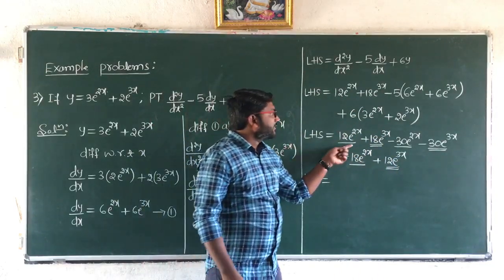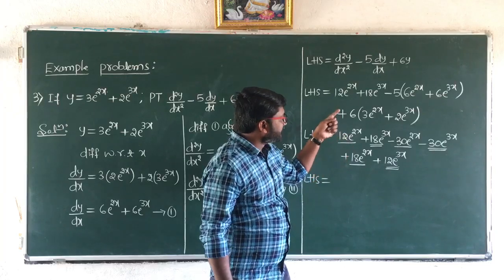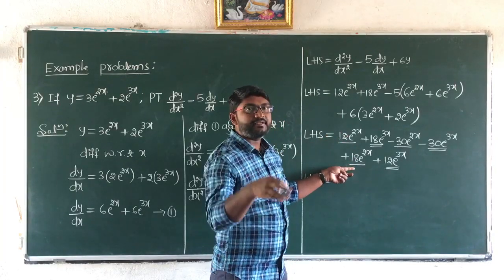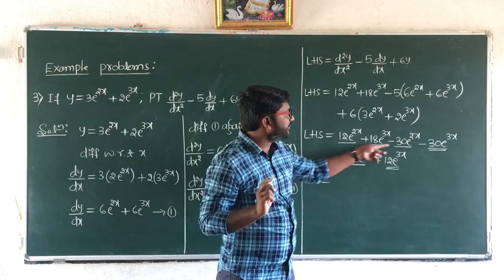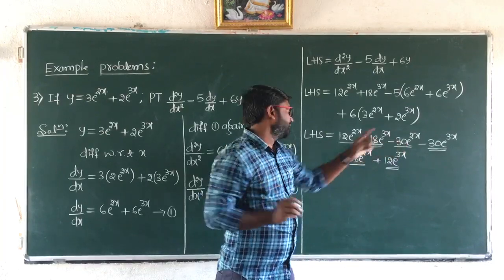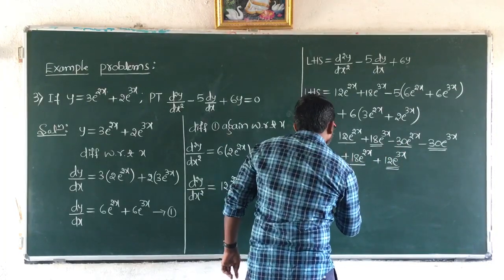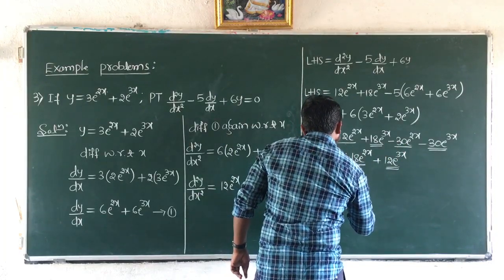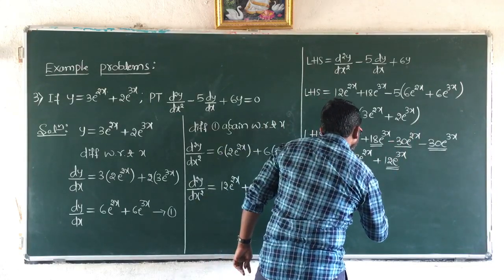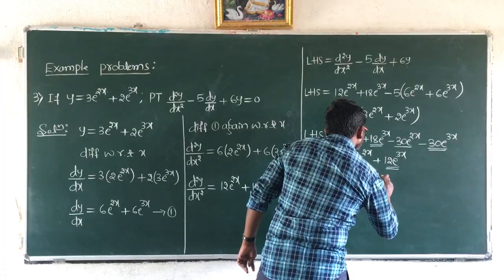See here, 12 e raised to 2x and then 18 e raised to 2x. Add these two, we get 30 e raised to 2x, and you have minus 30 e raised to 2x. Both get cancelled. So see here, I am adding these two. We get 30 e power 2x. Then I write this as it is. Minus 30 e power 2x.